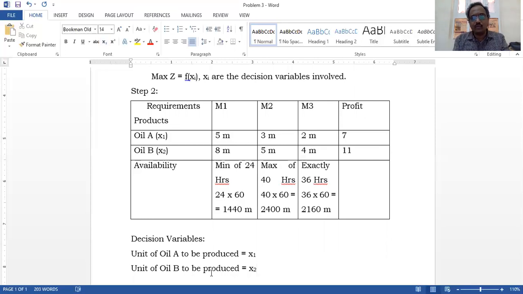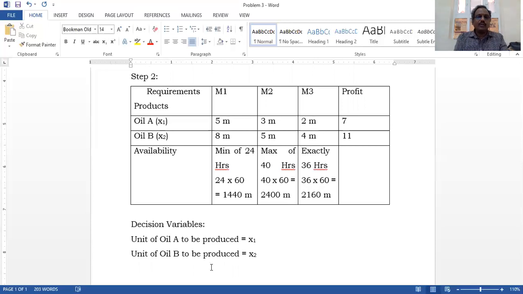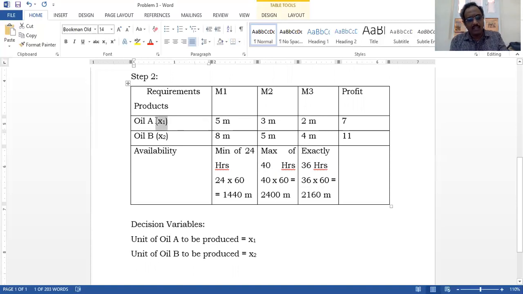So we are having two decision variables. As I told you earlier, we can do this very easily. Just take X1 for oil A for all this. This is just multiplying X1 with A, isn't it? And the same thing we can do for oil B. We are going to multiply with X2.